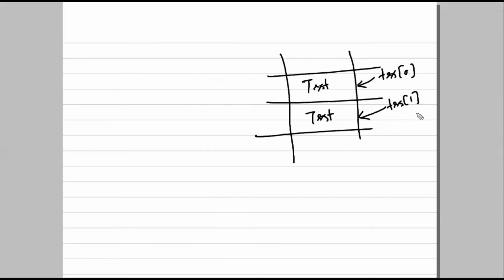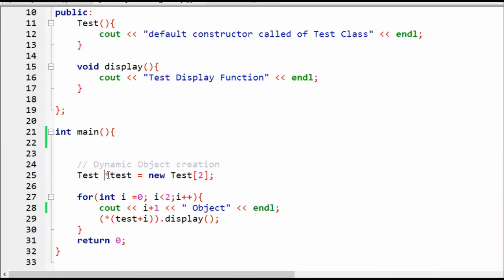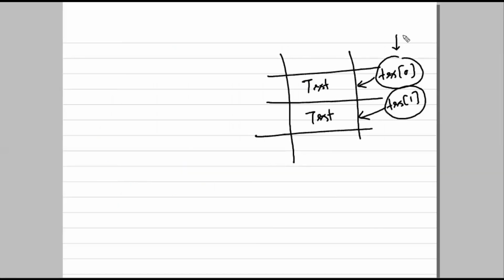But the important point is that this test 0 and this test 1 are of pointer type. It means it would be storing an address. An address of what? The address of where your objects are stored.